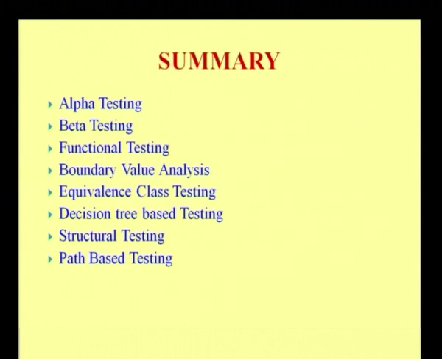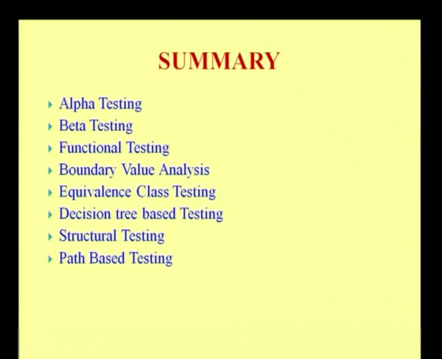These functional, boundary value, equivalence class, and decision tree based testing come under the criteria of black box testing, whereas structural and path based testing, which I have explained in this session, are part of white box testing, because we generally differentiate between the functionality and the structure of the code. So we look at the functionality in boundary value, equivalence class and decision tree, whereas for structural and path based testing we look at the code.